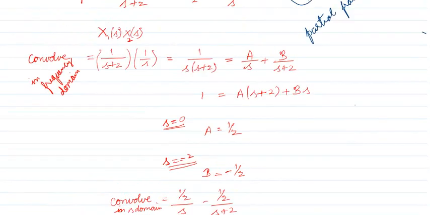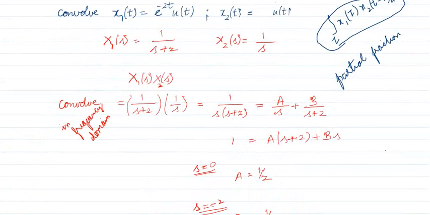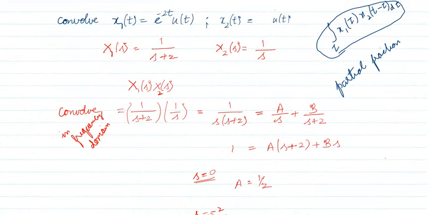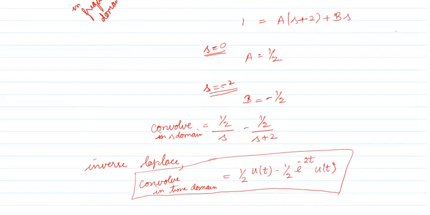Working only in time domain is very difficult. By using Laplace, we temporarily worked in the S domain, or frequency domain, or Laplace domain. Finally, by taking the inverse Laplace transform, we moved back to the time domain. This is one of the important applications of Laplace transform.